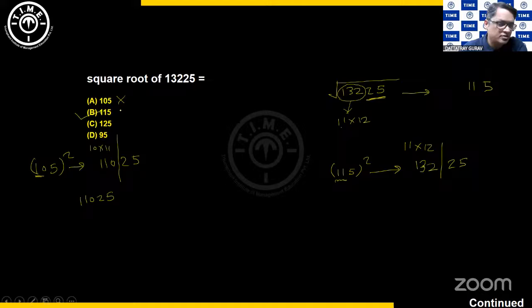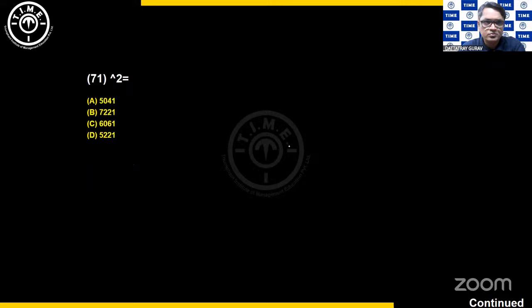Option B is the answer. Is that okay? Is the logic clear? This is a way to find a root. Use the options. Options will be given to you in exams like Bank PO and CET. Use the options smartly. That is more important for aptitude exams. Let's take the next question now.